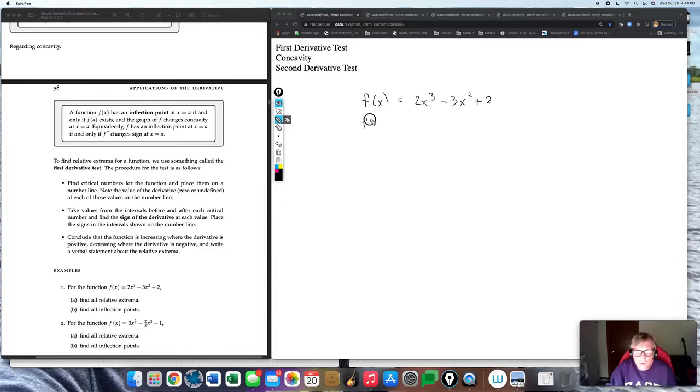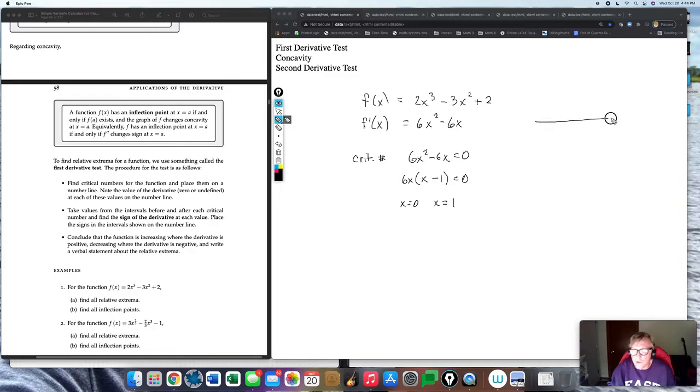We took our derivative. We found our critical numbers. And that's where our derivative in this case is equal to 0. And we found out that those were x equals 0 and x equals 1. Those are solutions to this equation down here.